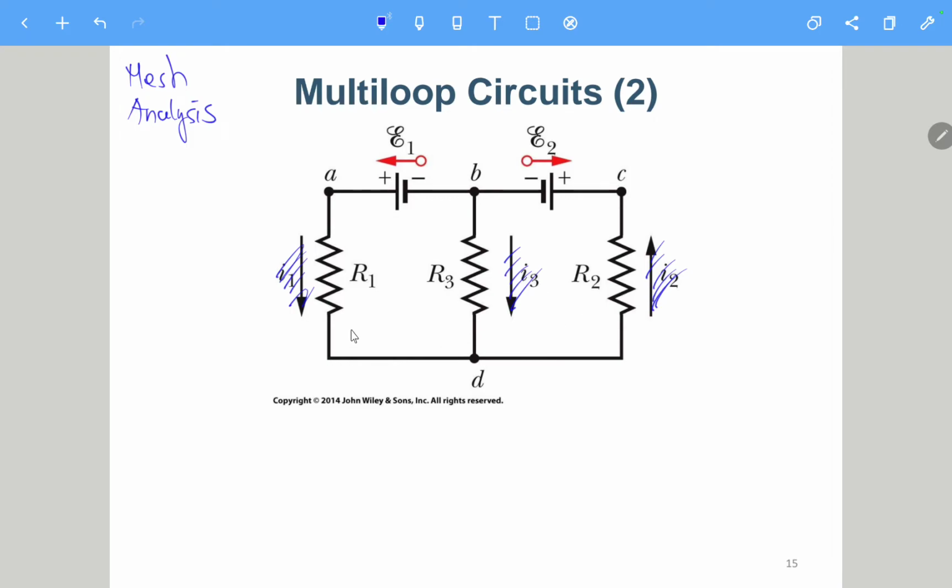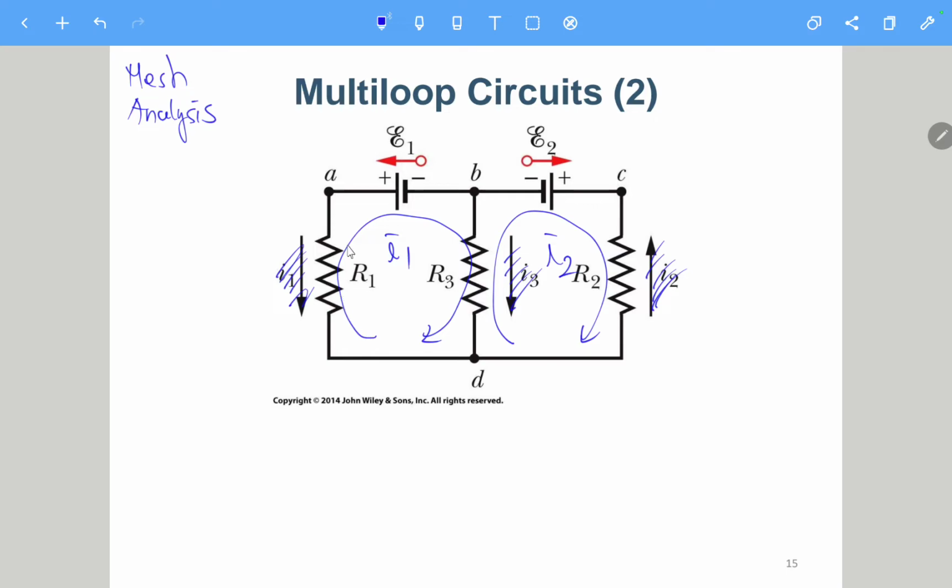We can see here we have 2 loops, one loop on the left side, one loop on the right side. So we assume the current is like this. This is I1, this is I2. Both are clockwise. Maybe you can ask whether it can be counterclockwise. Of course you can, but you need to be careful about the polarity of each variable.